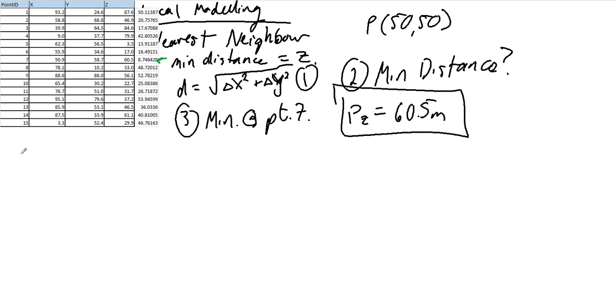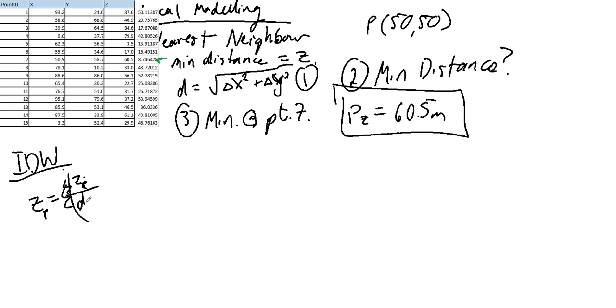Our next one, so that's number 1, IDW, is also not too bad because it's really just a formula. So we're going to stick with the P at 50-50. We're trying to figure out what the height is at that location. So my IDW has the formula that our Z value at the point is equal to the sum of Z_i divided by the distance.